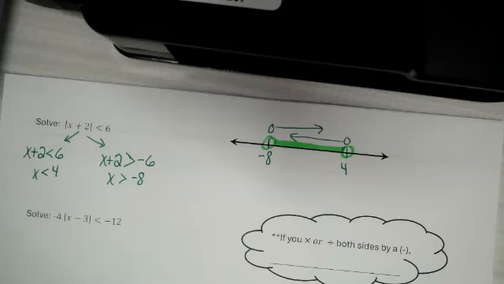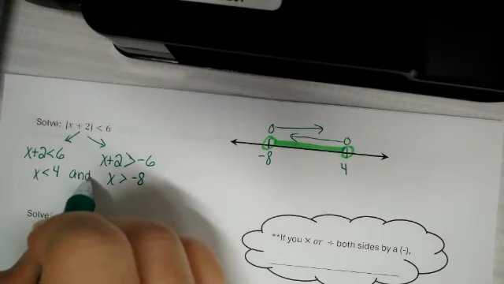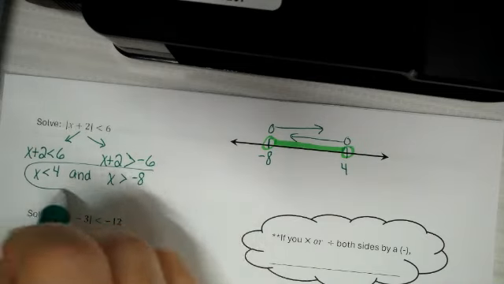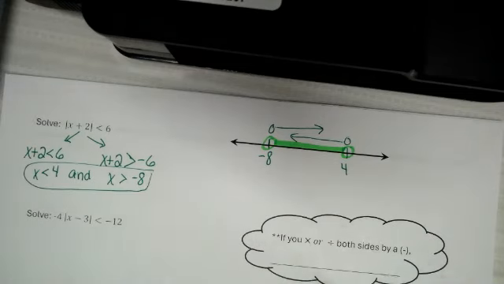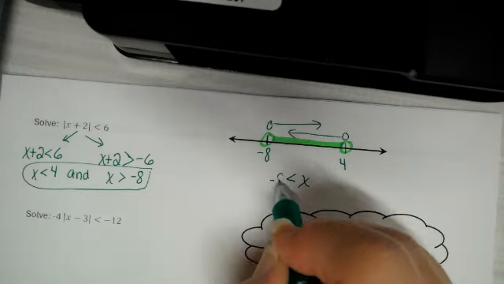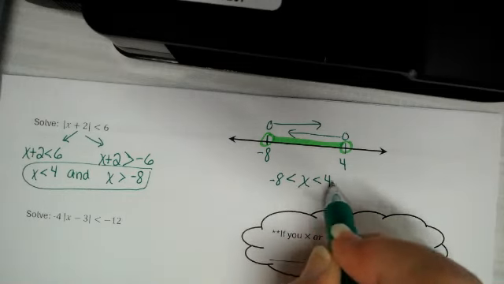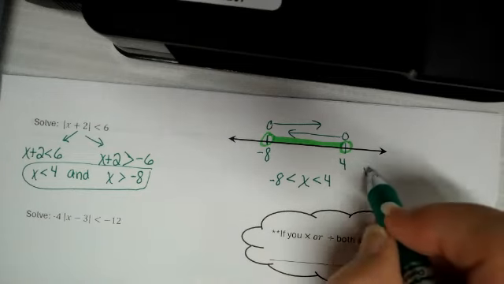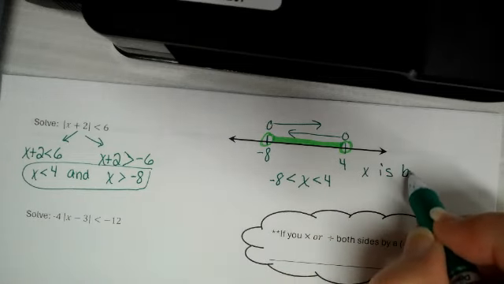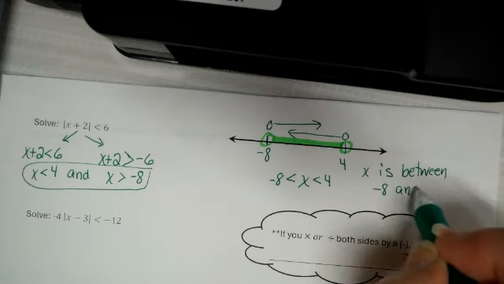So this particular one says x is less than 4 and x is greater than -8. Could I write that like we did earlier this year, where we just put -8 is less than x is less than 4, just to say x is between -8 and 4?